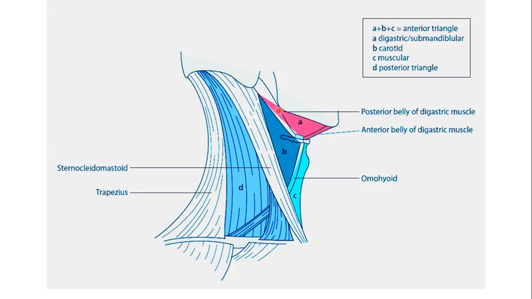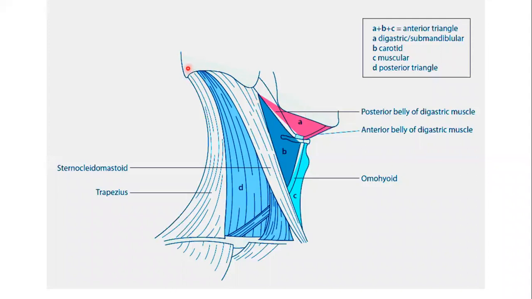Superiorly is the lower part of the mandible, the base of the mandible, and this is the angle of the mandible. We draw a line extending from the angle of the mandible to the mastoid process, and then the superior nuchal line reaching up to the external occipital protuberance.